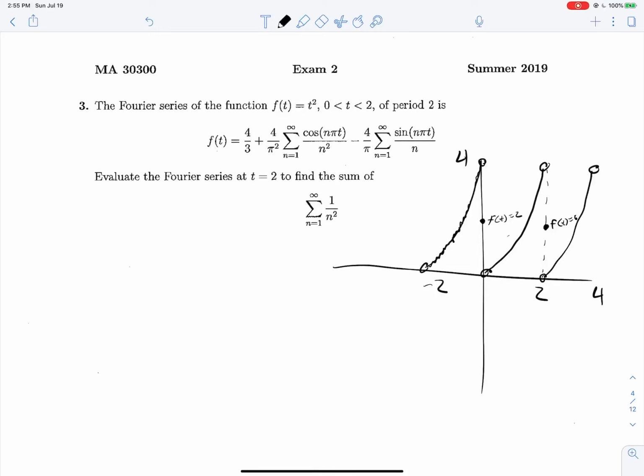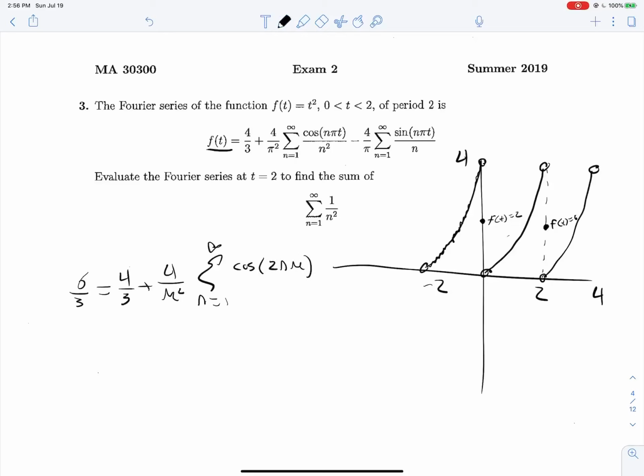So let's use that fact to help us solve this. We said right away that if we plug in t is equal to 2, f of t must be 2. So I'll write that as 6 over 3 is equal to 4 over 3 plus 4 over pi squared sum from n is equal to 1 to infinity of the cosine of 2n pi.